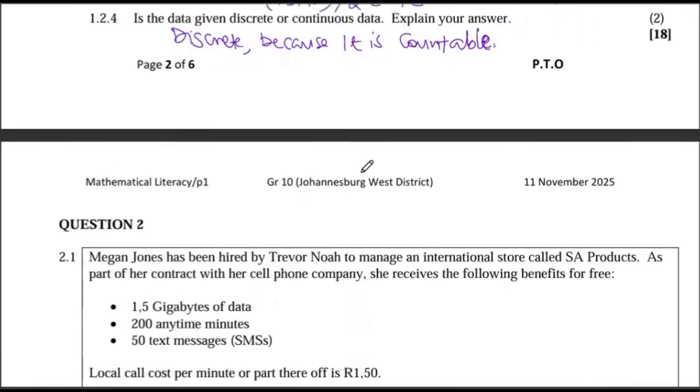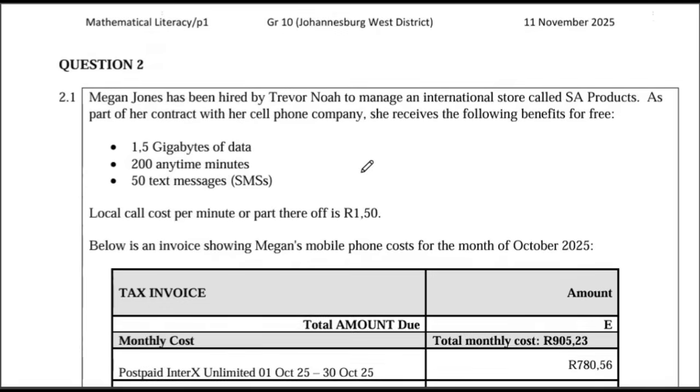Okay. Go to question number 2. Megan Jones has been hired by Trevor Noah to manage an international stock called South Africa Products, SA Products. As part of her contract with her cell phone company, she receives the following benefits for free: 1.5 GB of data, 200 anytime minutes, then 50 text messages.